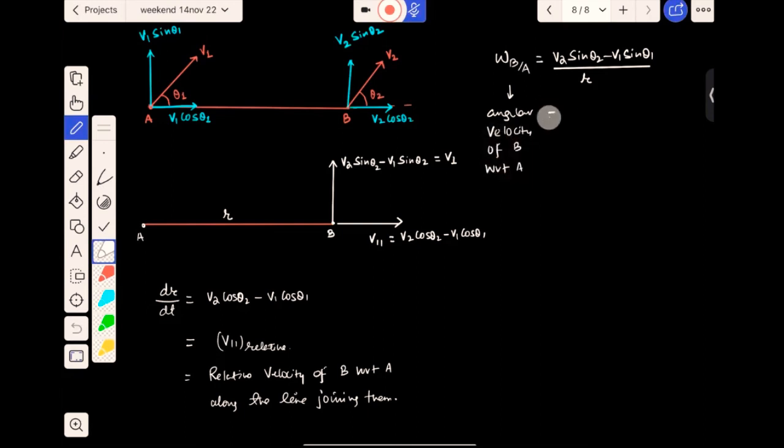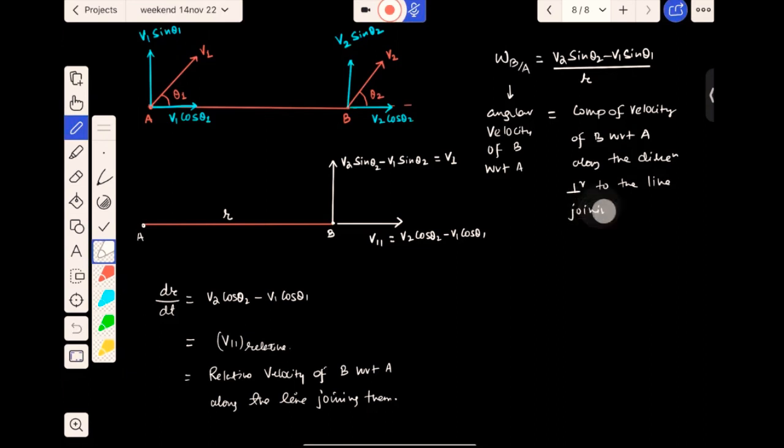And how much is it? It is the component of velocity of B with respect to A along the direction perpendicular to the line joining them, divided by the separation between A and B, whatever we have at that instant.